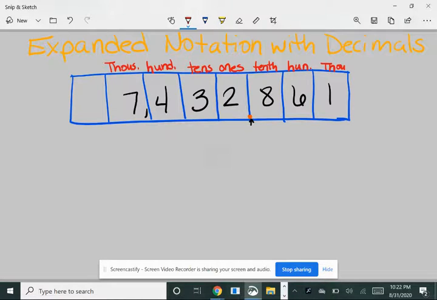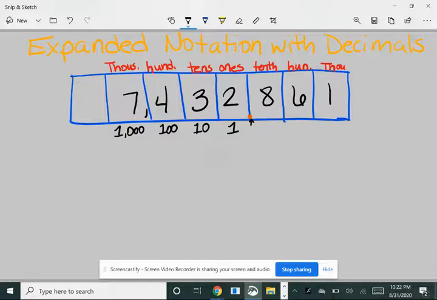Okay, now what that means, and I know that you guys remember this from last year, so I'm going to write it below. The ones is obviously the one place, the tens place, the hundreds place, and the thousand place.